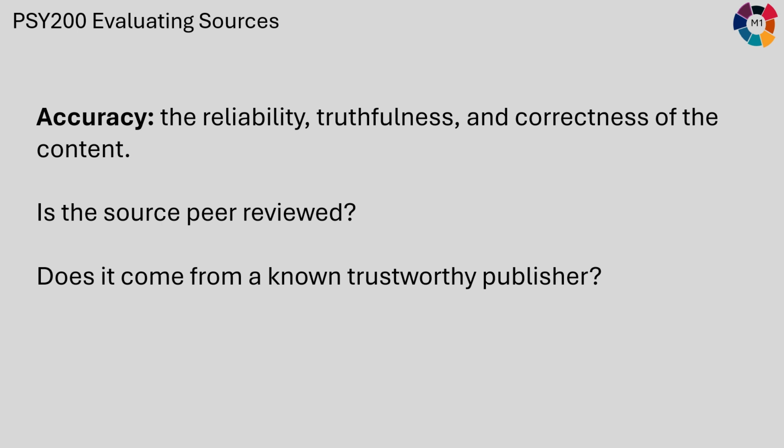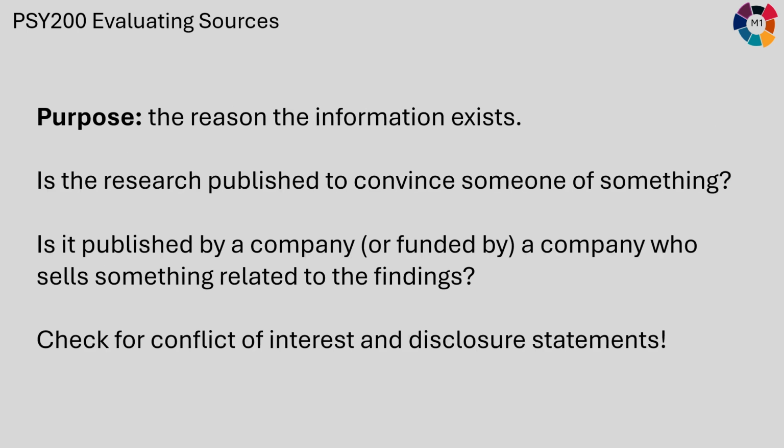If it's published by Gatorade Sciences Inc., it's probably going to be biased towards Gatorade, right? As per my earlier example. Then purpose, the reason that the information exists. Was it published to convince someone of something? Is it published by a company or funded by a company who sells something related to the findings? Make sure you check the conflict of interest and disclosure statements.